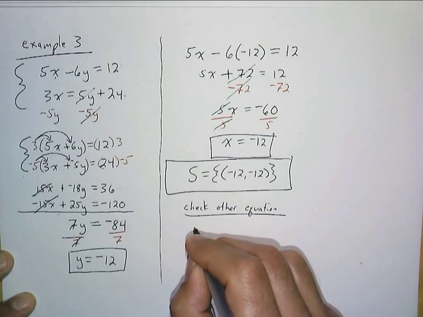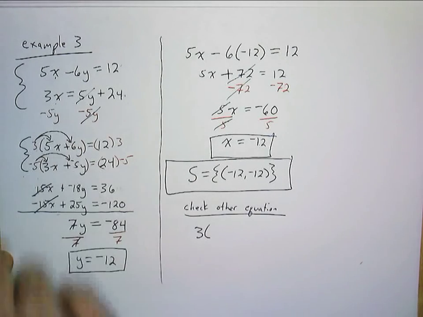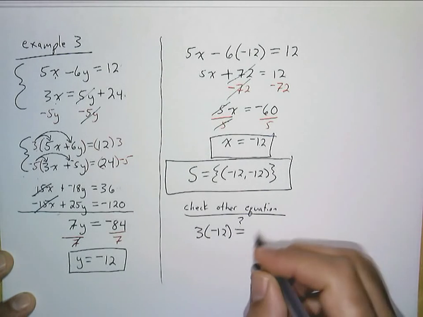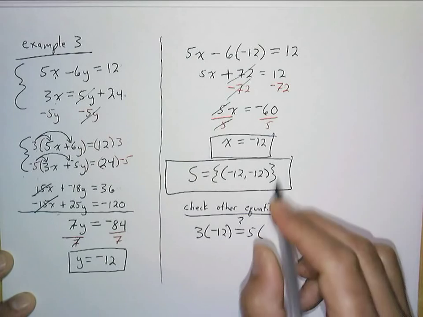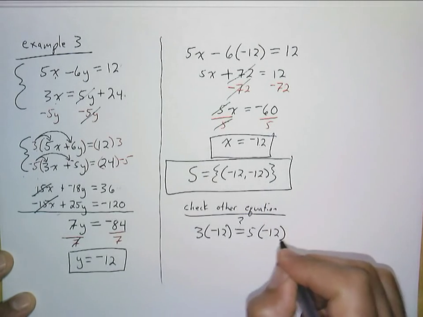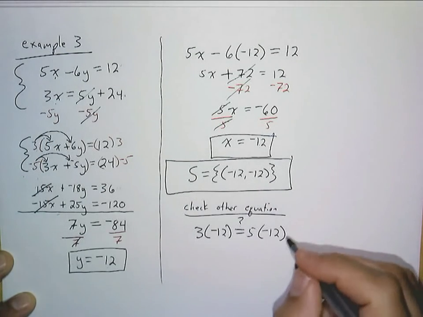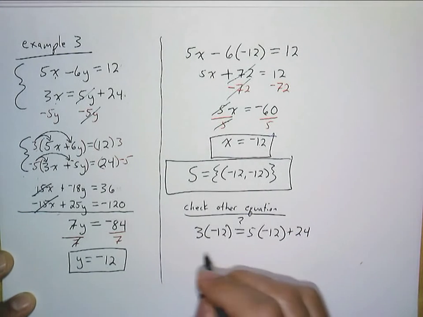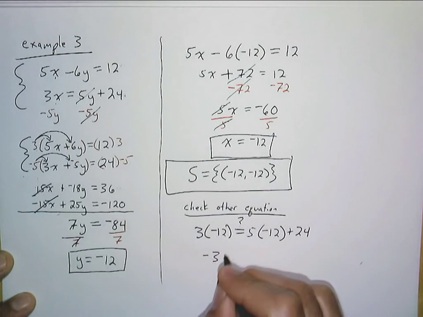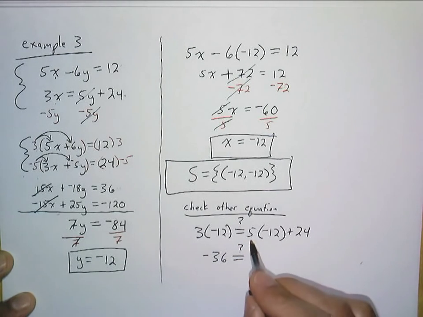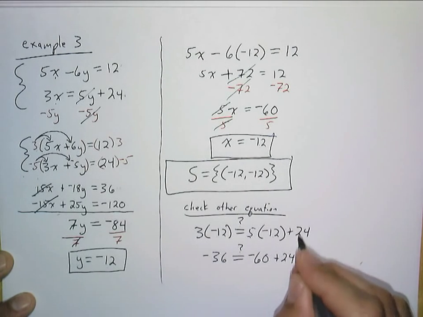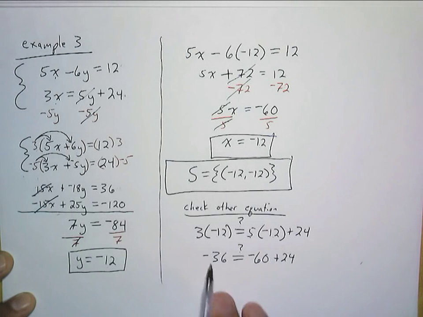Is 3 times the x-coordinate of negative 12 actually equal to 5 times the y-coordinate of negative 12, plus 24? Well, 3 times negative 12 is negative 36. Is that equal to 5 times negative 12, which is negative 60, plus 24? Negative 60 plus 24 is, of course, yes, negative 36.